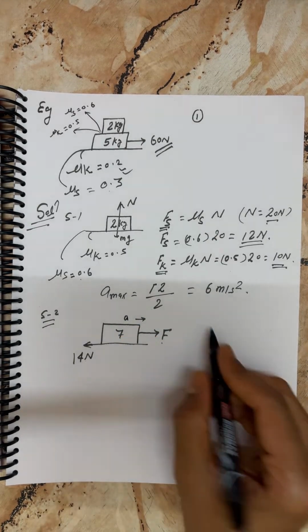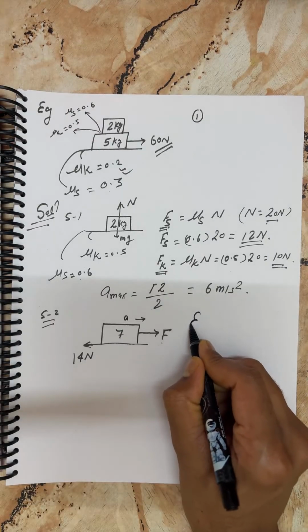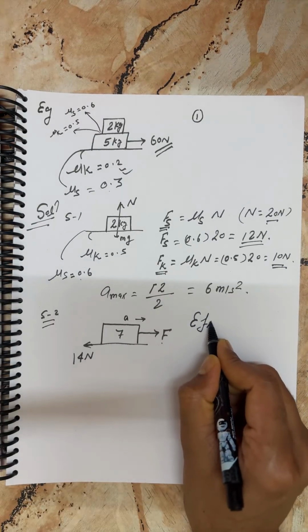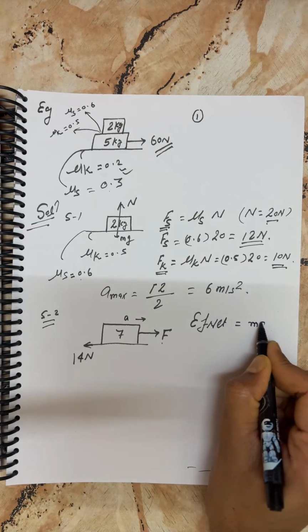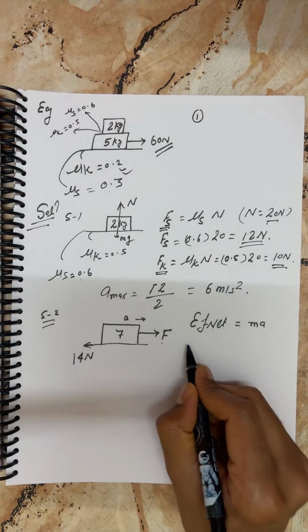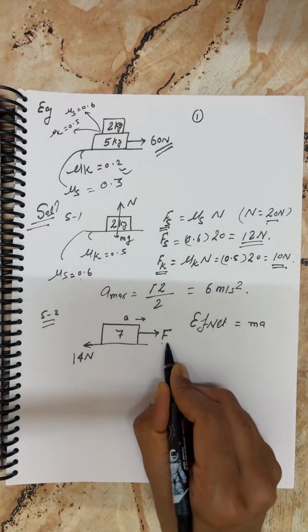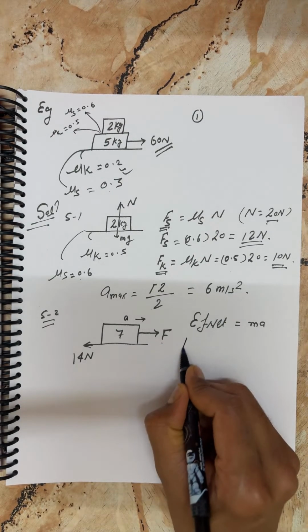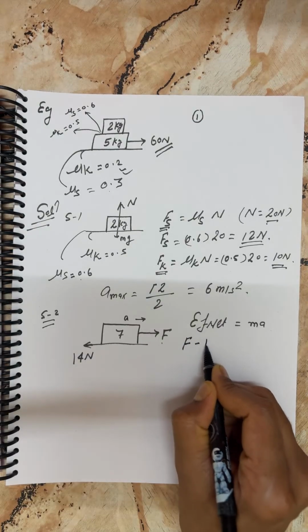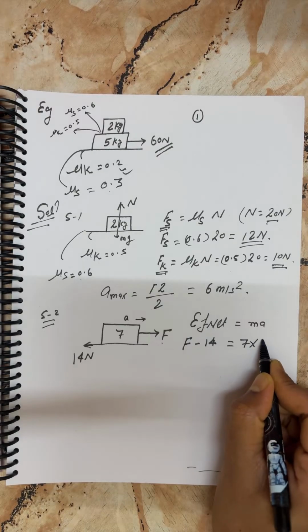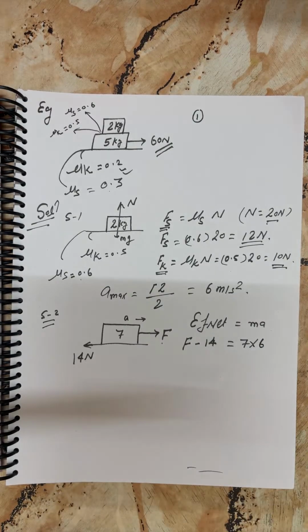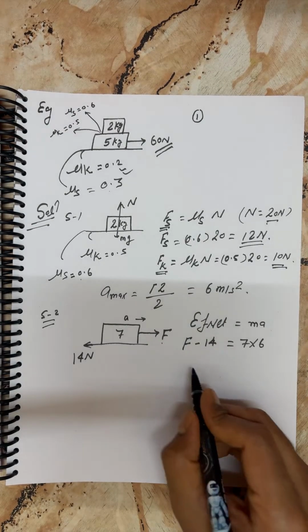Now, students, I'm going to use the equation of motion. Summation of F net equals ma. Applied force, I can see the system moves towards the right here, so this is the larger force. So F minus 14 equals 7 into 6, which is 42.